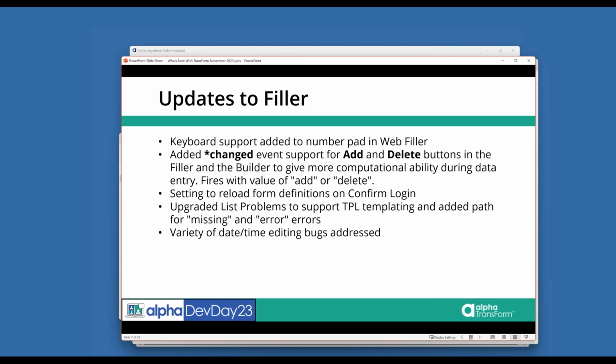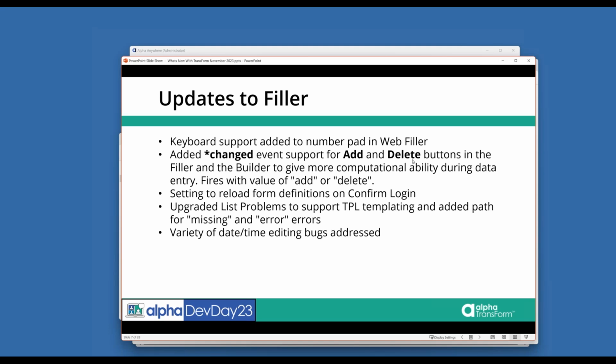So we've done updates to the filler. We've added keyboard support to the number pad in the filler. We've added changed event support for when you push those add and delete buttons in the filler, so that when the user taps the add new data group item or delete one, your program, your TPL, can know about it and do something.